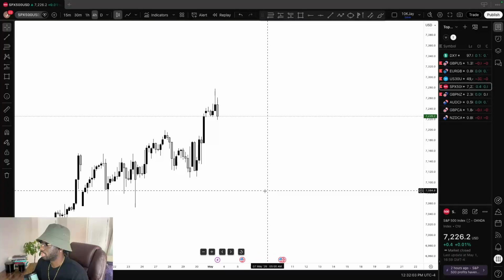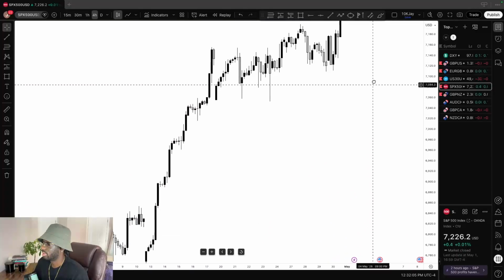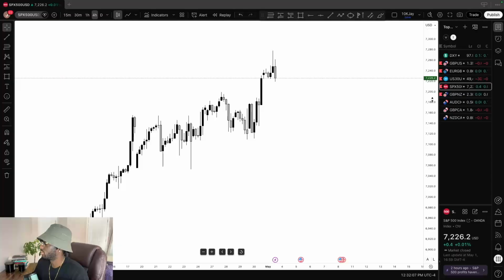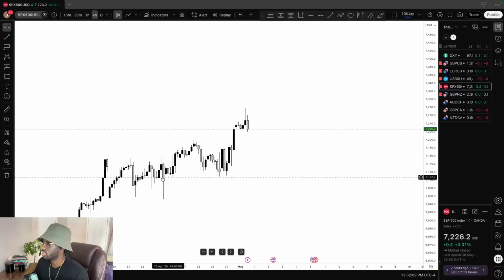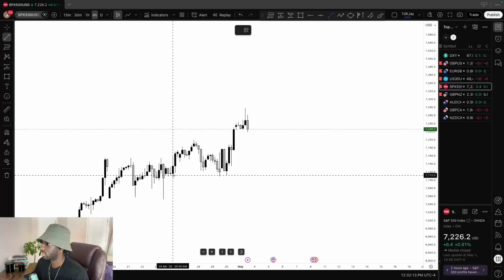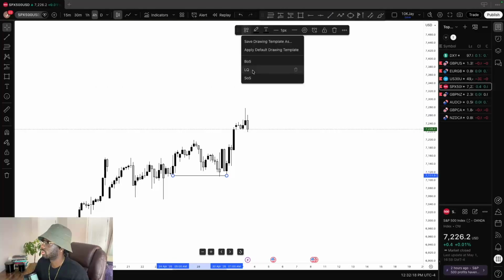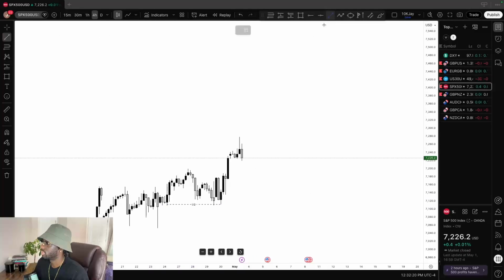Pretty similar setup here. We have this 4-hour uptrend. You already see we have our liquidity sweep here. We have our nice structure break.